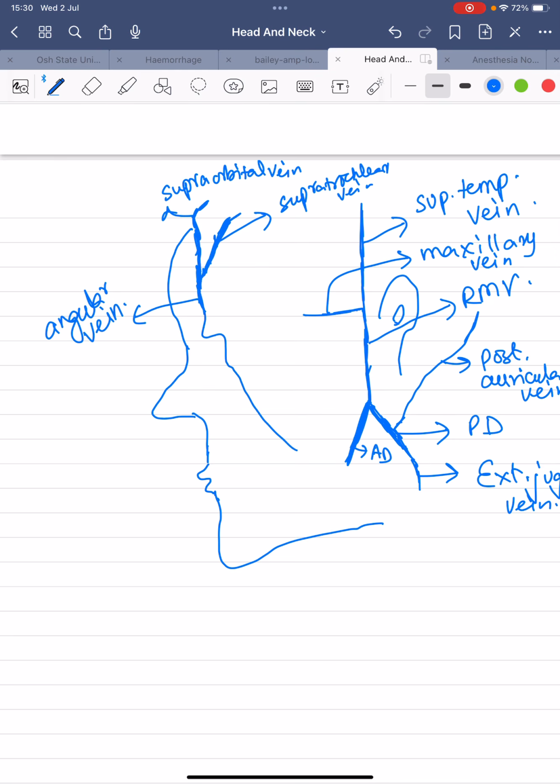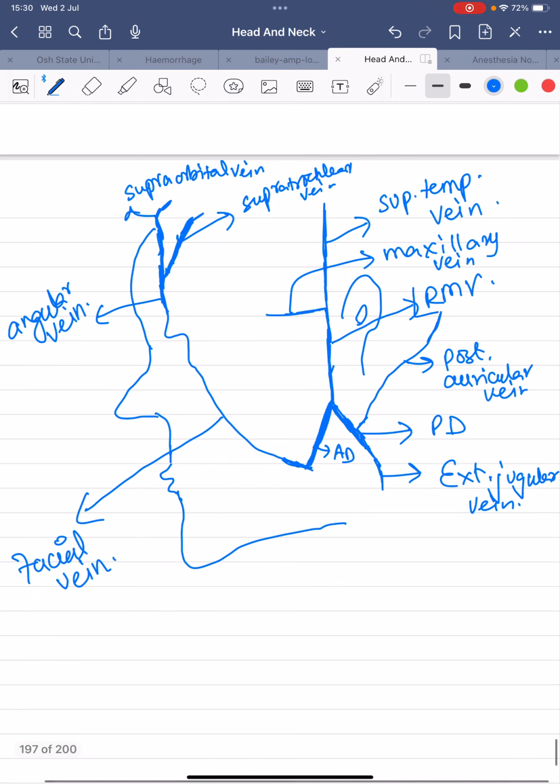So this is your which vein? The facial vein. Now this facial vein, please remember, will join here with this anterior division of the retromandibular vein. Which vein? Retromandibular. Please remember, the retromandibular vein is formed within the parotid gland. And as it is leaving the parotid gland, it will divide into this anterior division and posterior division.